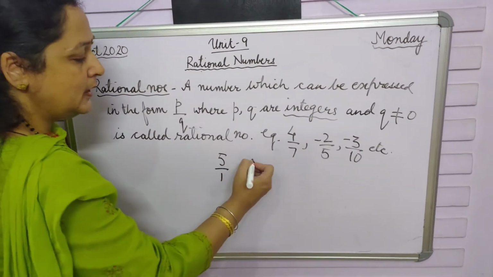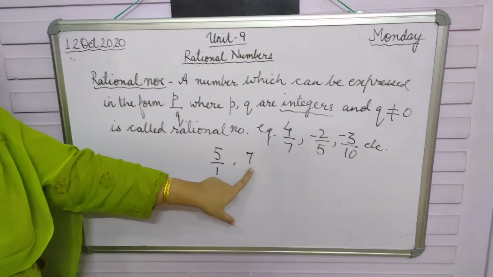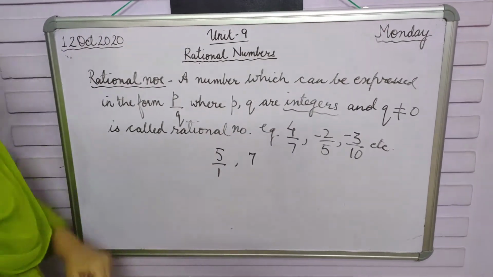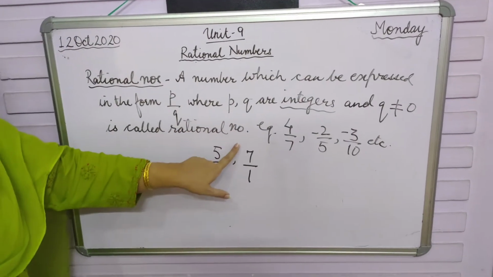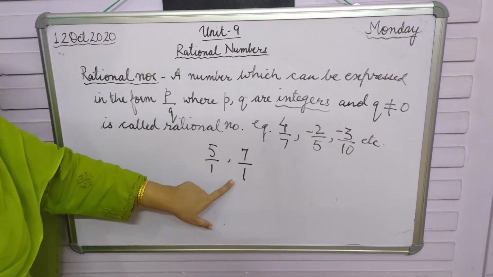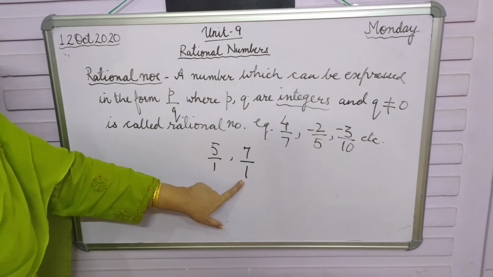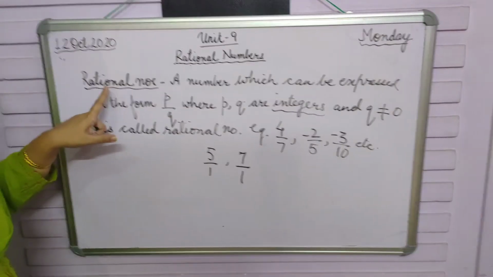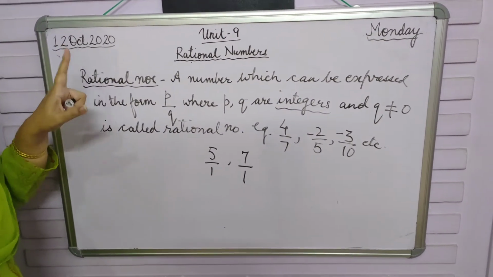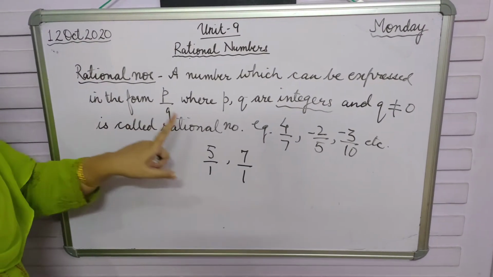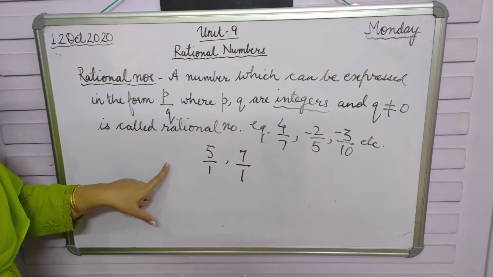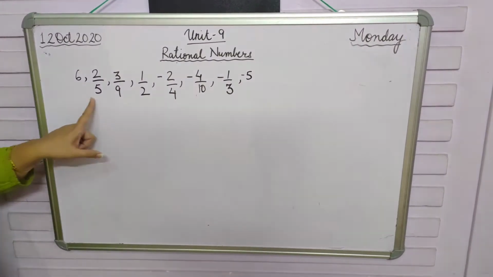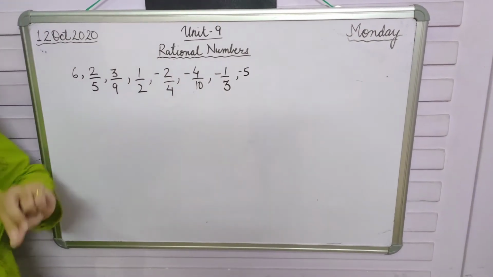So that means any whole number is also a rational number, because it can be written in the form of P by Q, where P and Q both are integers and Q is not equal to 0. So rational numbers include our whole numbers also, automatically included.